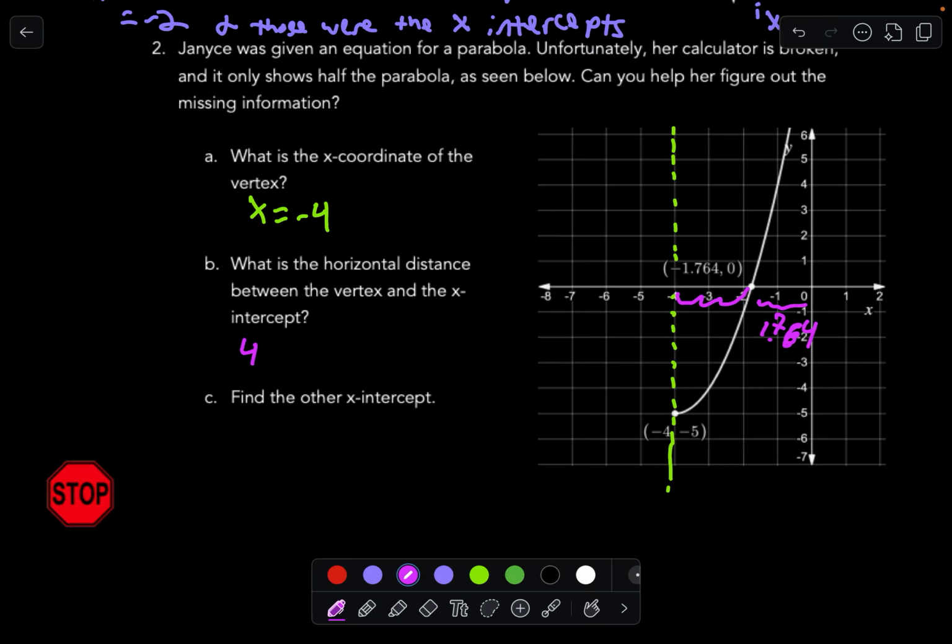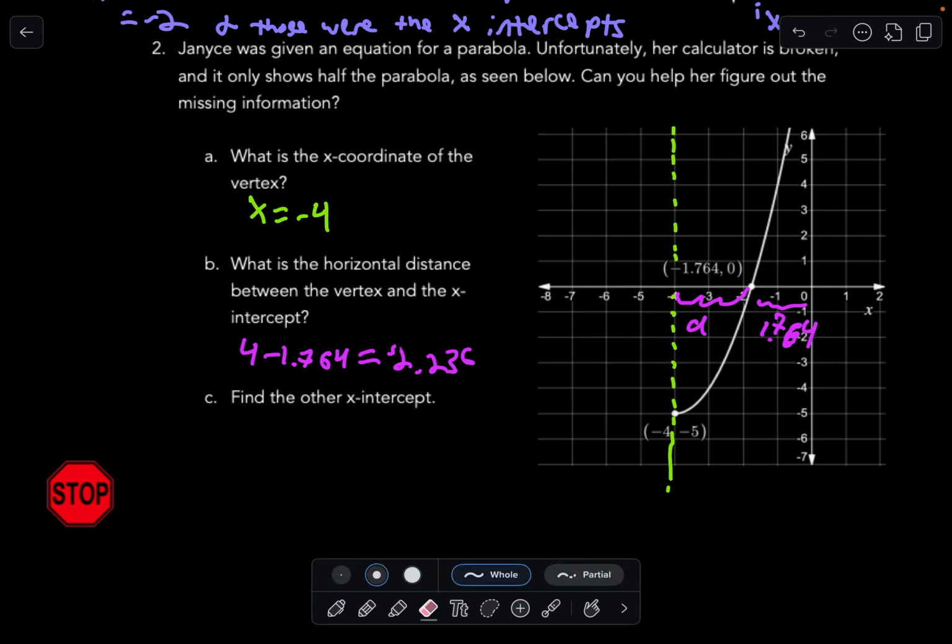Then the distance d would be equal to 4 minus that 1.764. And when you do that, that equals 2.236.